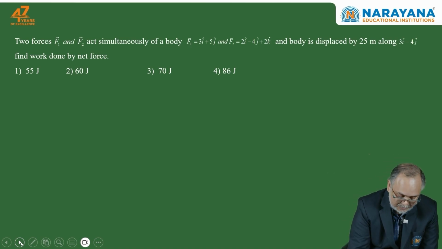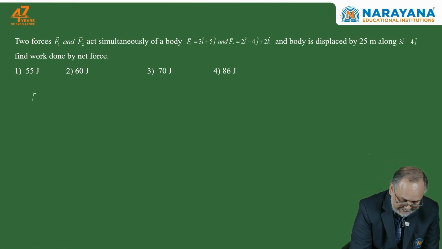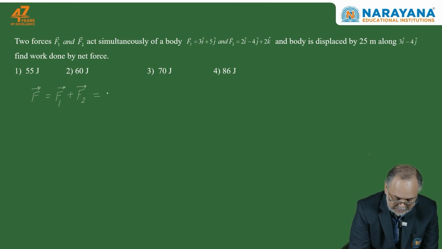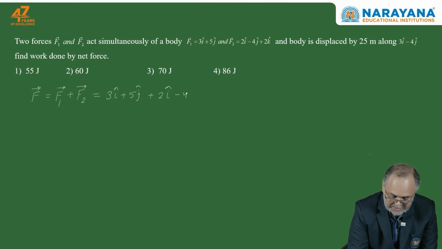So first we can calculate the net force here. F will be equal to F1 plus F2, that is 3 i cap plus 5 j cap plus 2 i cap minus 4 j cap plus 2 k cap.